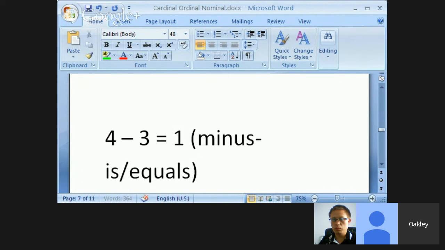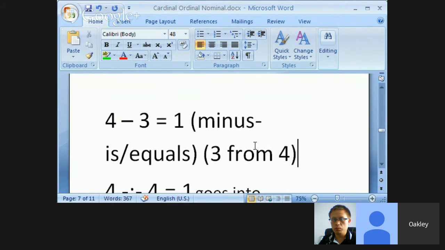Or another way to say that: 3 from 4, and then is or equals. You can also say 3 from 4 is 1. It's another way to say that.